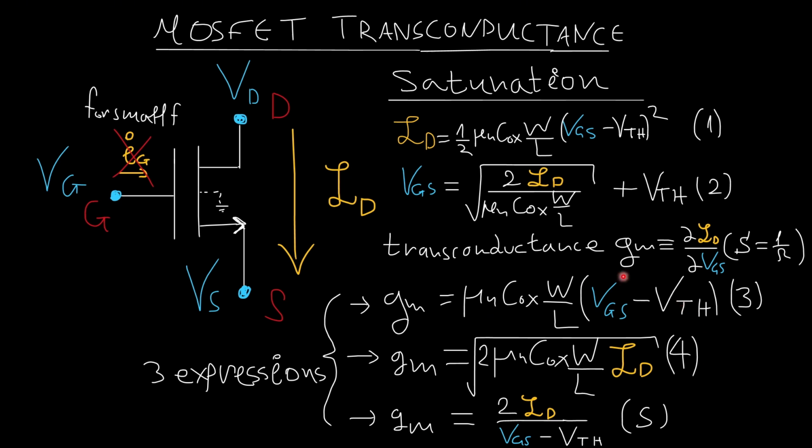Now, I don't need to remember all of this. I just need to remember that there is a direct relationship between the transconductance and the current, a direct relationship between the transconductance and the VGS, and a direct relationship between the current and VGS, this in spite of whatever the properties of the device are, with the exception of the VTH of the device.